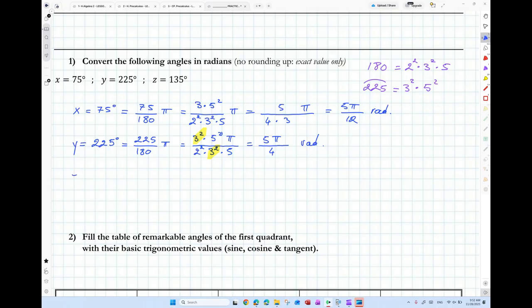And finally, for z, which is 135 degrees, in terms of radians, it would be 135 pi divided by 180. So once again, I would have to express 135 in terms of prime numbers. 3 plus 1 is 4, plus 5 is 9, so it is divisible by 3.